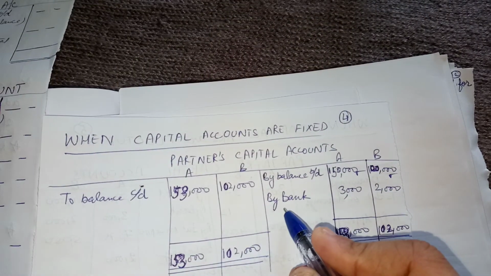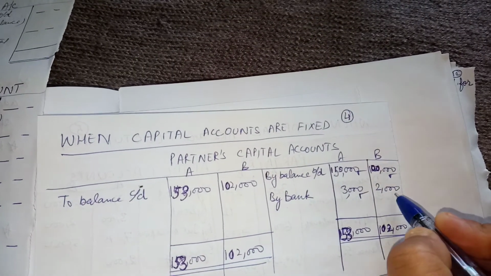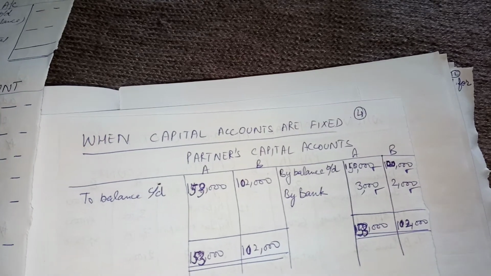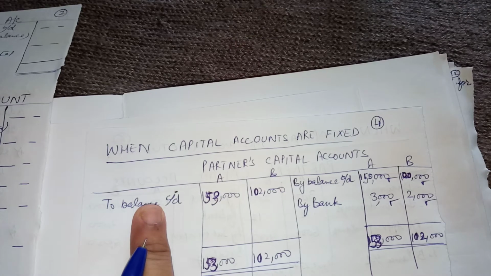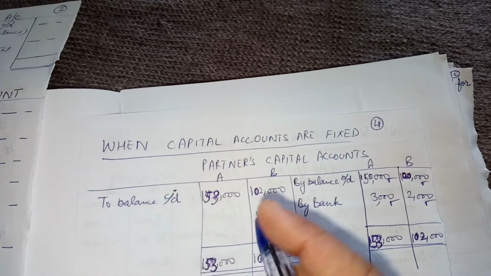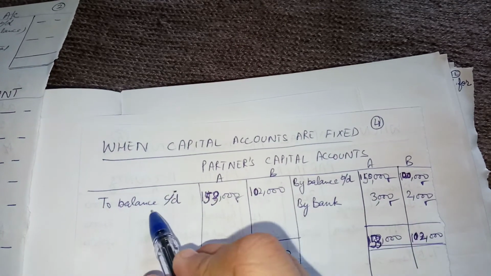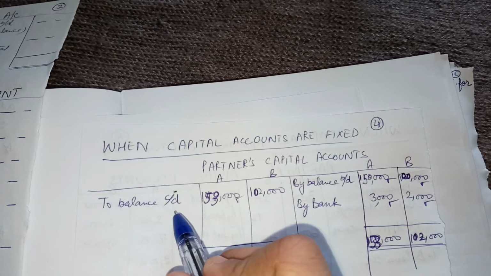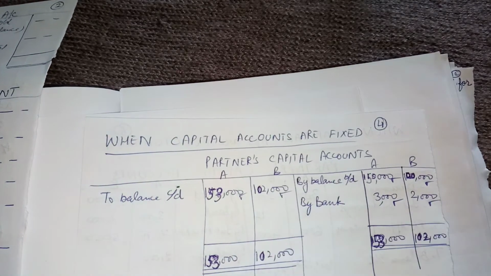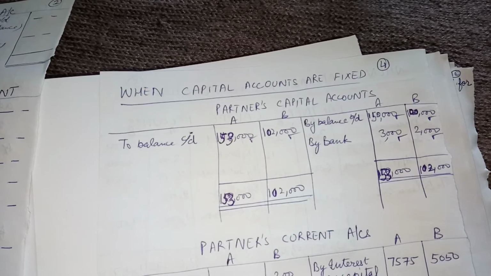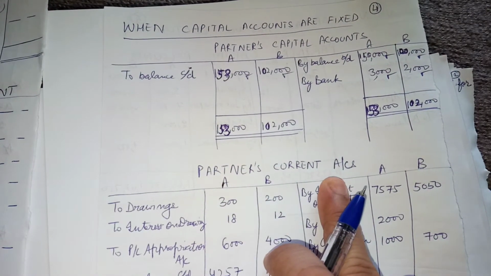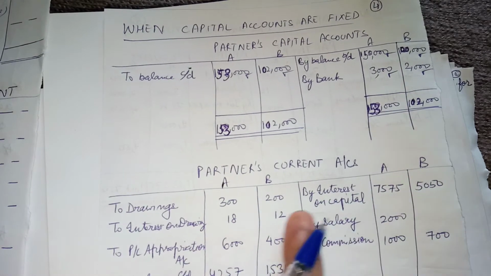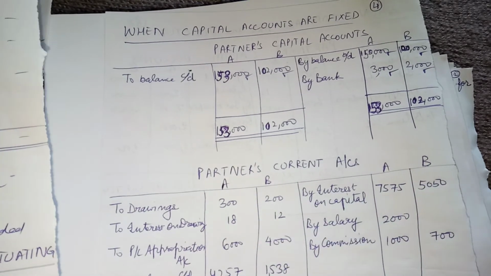So the additional capital by bank 3,000 and 2,000, and as the capitals are fixed, there is no permanent withdrawal, so the balancing figure, the balance brought forward, will be 1,53,000 and 1,02,000. Now all the other entries will be in the partner's current account. In the partner's current account, as there are no opening balances, only the entries will be there.